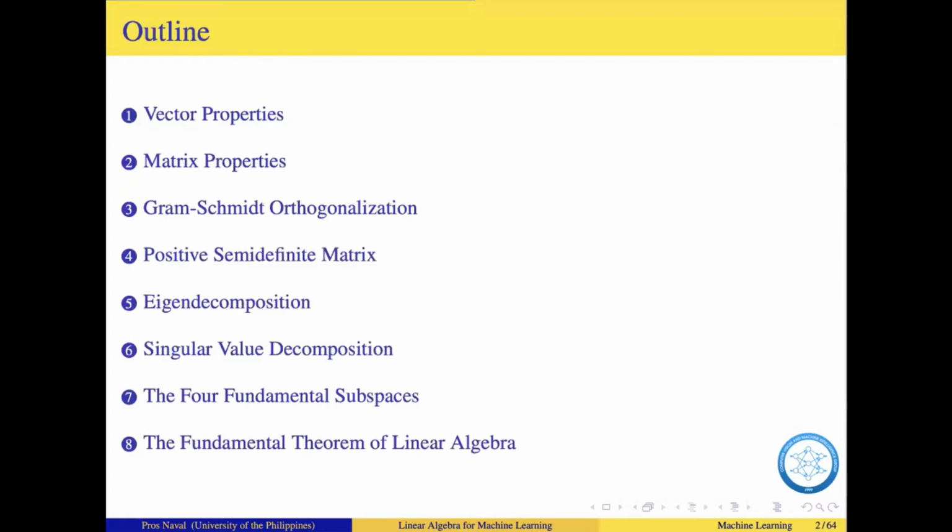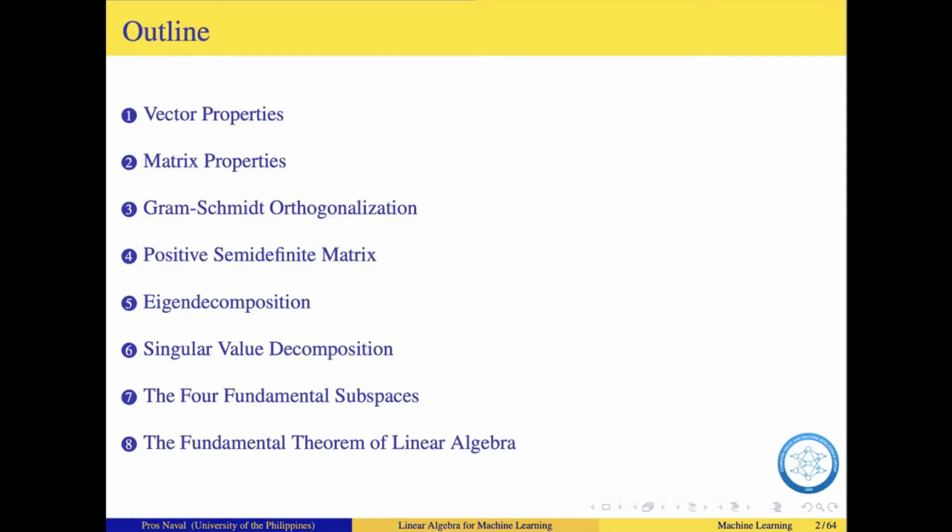So we will cover the following: vector properties, matrix properties. We will also talk about determinants and their properties. Then we will discuss the Gram-Schmidt or orthogonalization procedure.